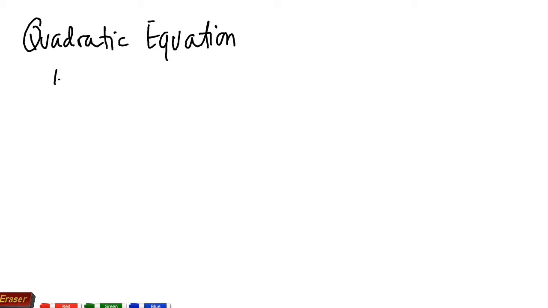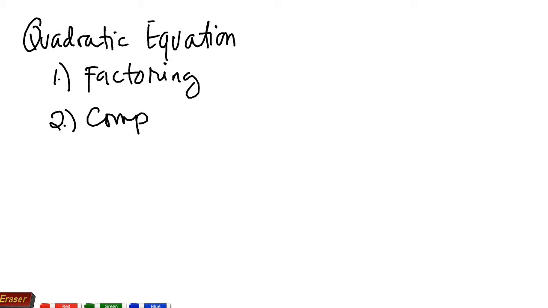So here we have a quadratic equation. What are now the four methods that are used to solve for a quadratic equation? Number one, we have factoring. Number two, we have completing the square.